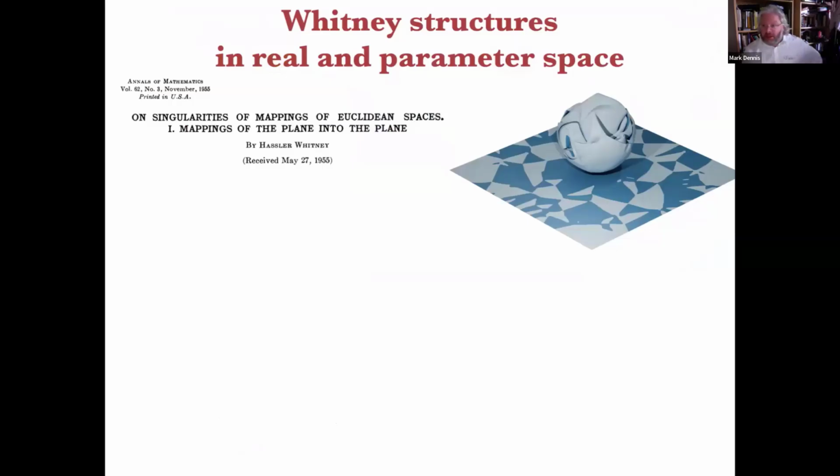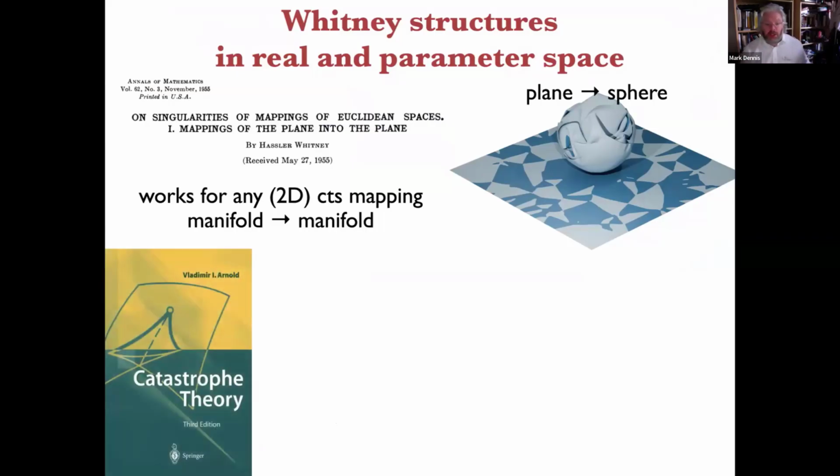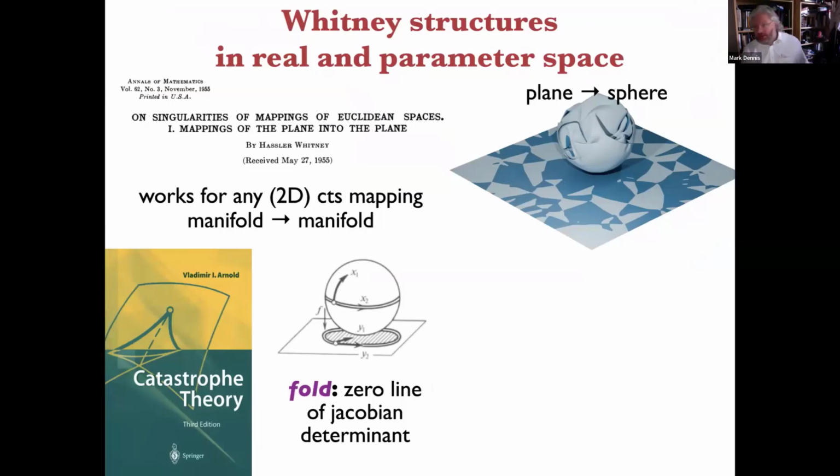So this idea of this sort of topology goes back to Hassler Whitney from the 1950s, where he's thinking about any manifold, any surface mapping to any other surface, in general, will have these fold and cusp structures. And its generalization after the 1950s is what led to what we know as catastrophe theory.